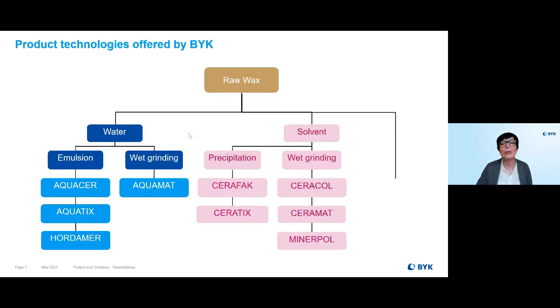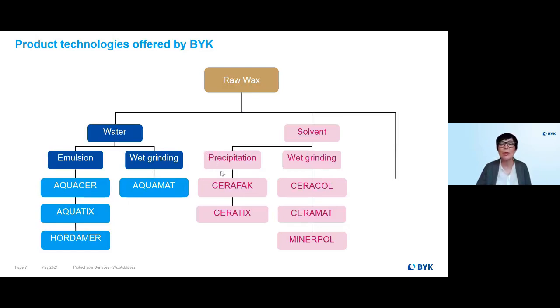If we concentrate on solvent-based products, we have on one hand the precipitations, these products named CeraFak and CeraTix, and on the other hand the wet grinding products, similar to the wet grind in water-based systems, but here of course we have to work with pretty low energy to keep the product stable. That means such a wet grinding process takes about 3 days, 24 hours milling.